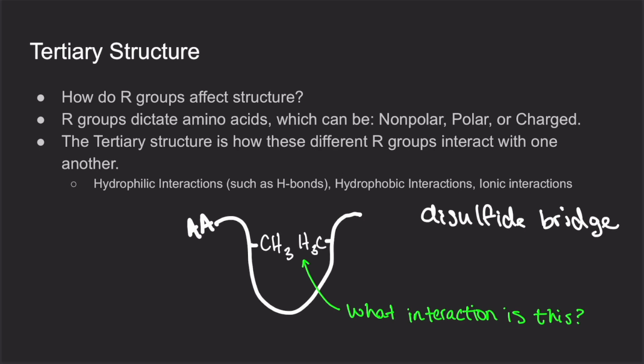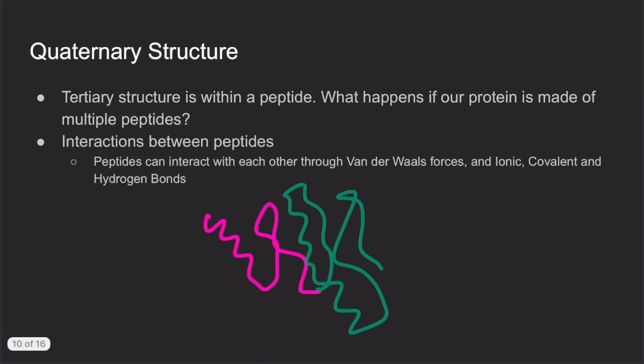So now we have our 1 through 3 structures. They are within a peptide. Our quaternary structure, the 4th structure, is between peptides. So meaning we have peptide 1 and we have peptide 2. They are going to interact in different ways based on their shapes and their R groups.